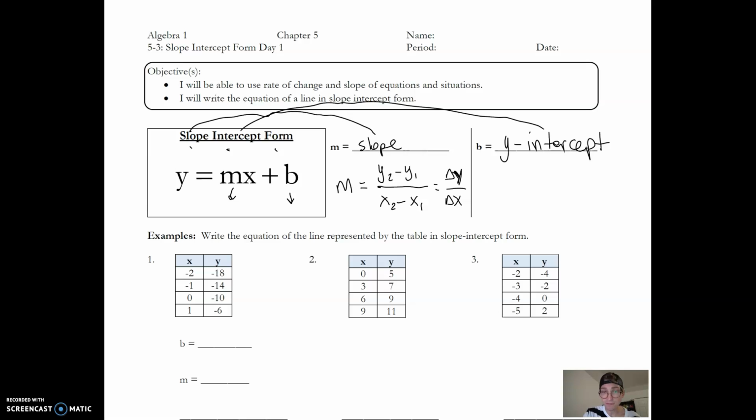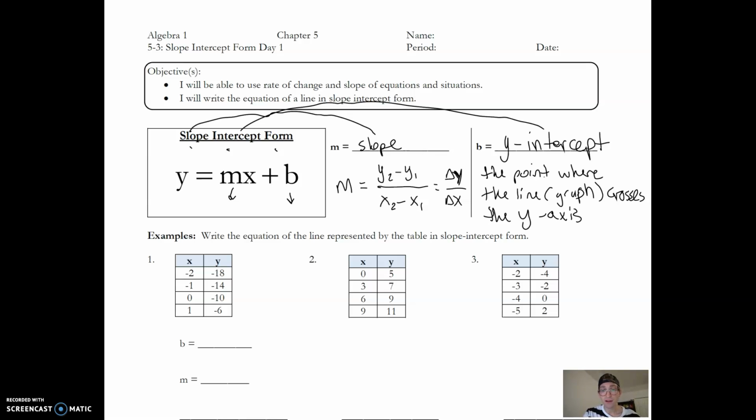If you don't know what the y-intercept is, it is the point where the line or a graph crosses the y-axis.